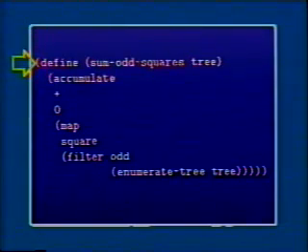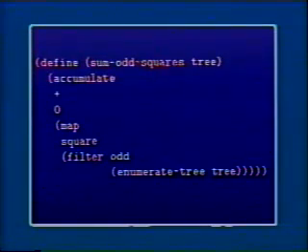So to sum the odd squares in a tree, we enumerate the leaves of the tree, we filter that for oddness, we map that for squareness, and we accumulate the result of that using addition starting from 0. So we can see the pieces that we wanted.